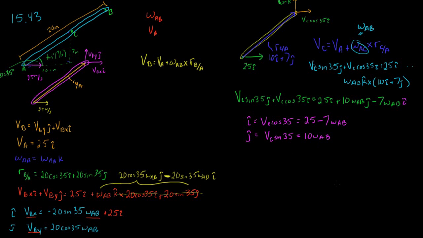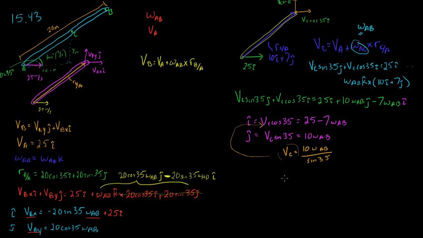So let's solve in terms of VC. So we can plug it into this equation right here and get what our omega AB is. We don't really care what this VC is. It doesn't really help us besides knowing how to find VC. So if we do that, we get VC is equal to 10 omega AB over sine of 35. We're going to plug this right here into this equation right here, and we're going to solve for this omega AB.